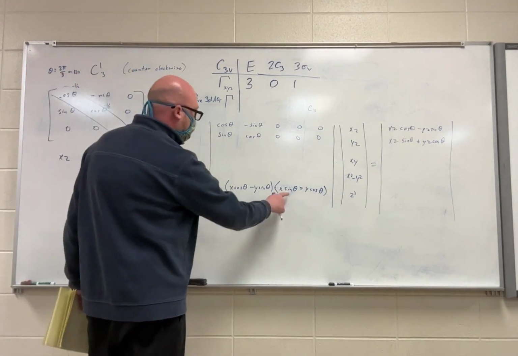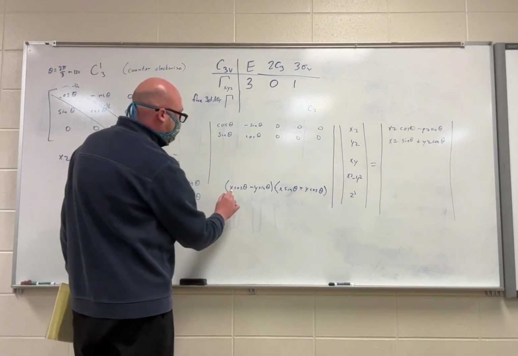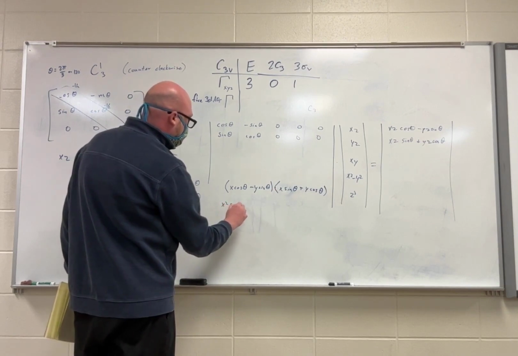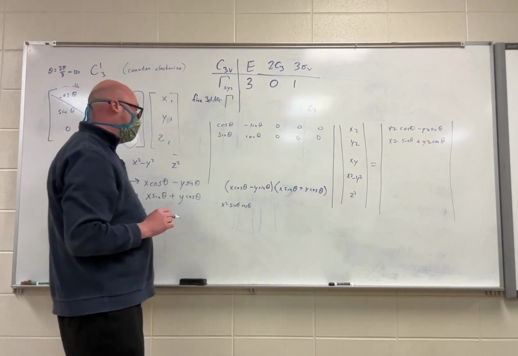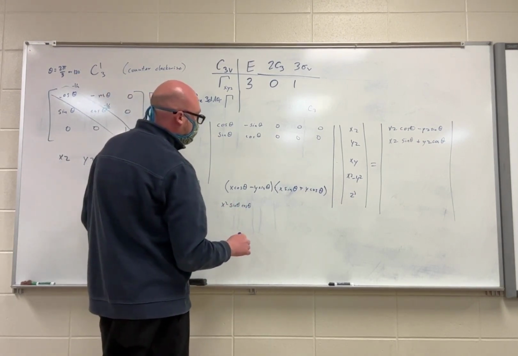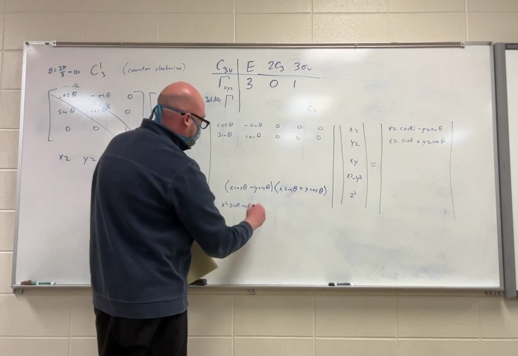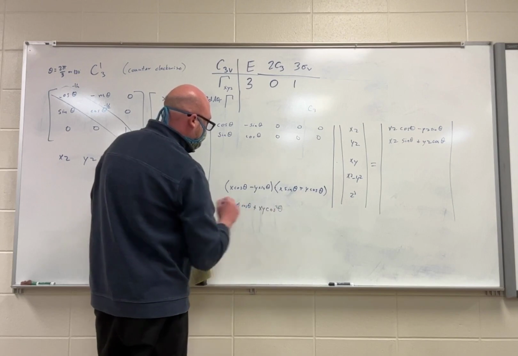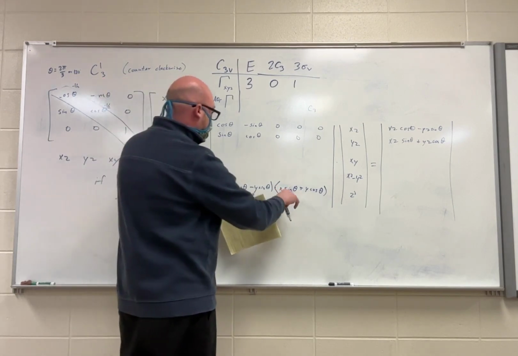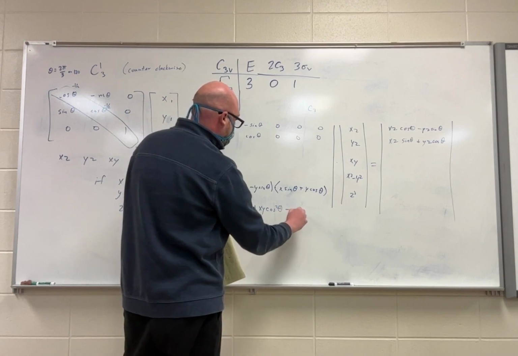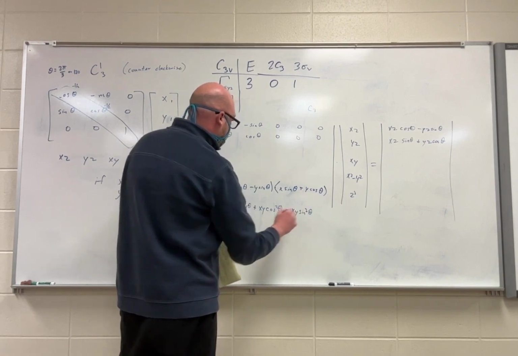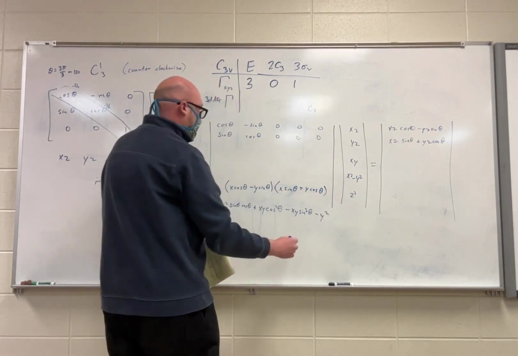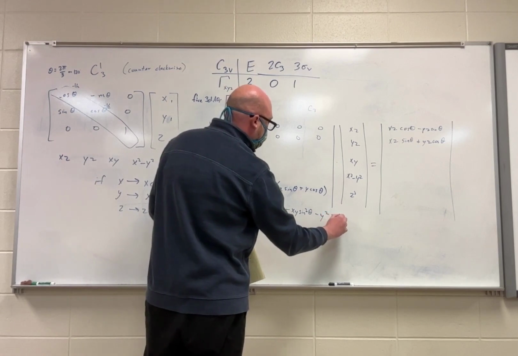And then we'll work this out. We have x squared sine theta cosine theta as the first term of this polynomial. Then we'll take an xy cosine squared theta. Okay. And then we'll do a minus xy sine squared theta. That's these two terms. And then minus y squared sine theta cosine theta.